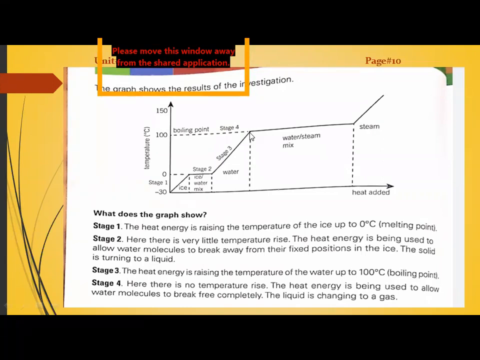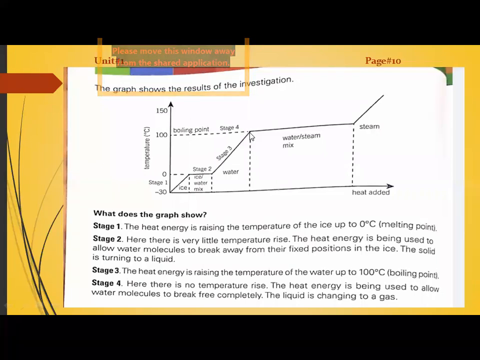At this point, the water will convert to water vapor, another state of water, called steam or the gaseous state.